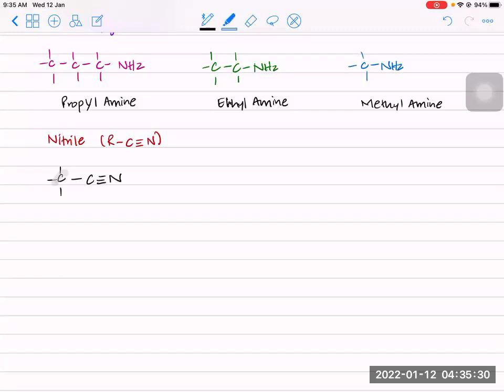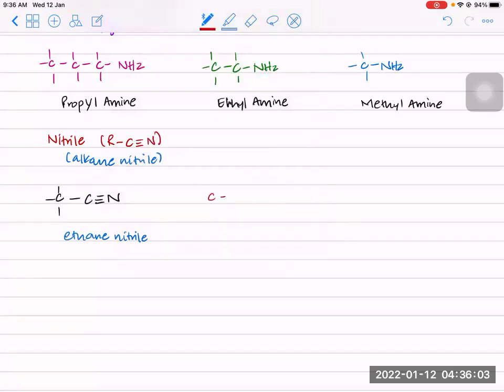Right here you have 1 and 2 carbon. So we will call this ethane nitrile. So that's how we name nitriles. Rather than saying ethyl nitrile, we will say ethane nitrile. Basically the number of carbons tells you whether it's eth, meth, prop, whatever. So you basically name them as alkane nitrile.